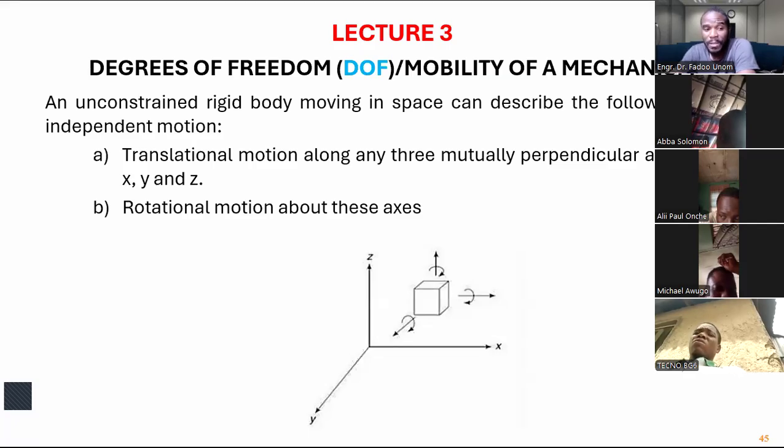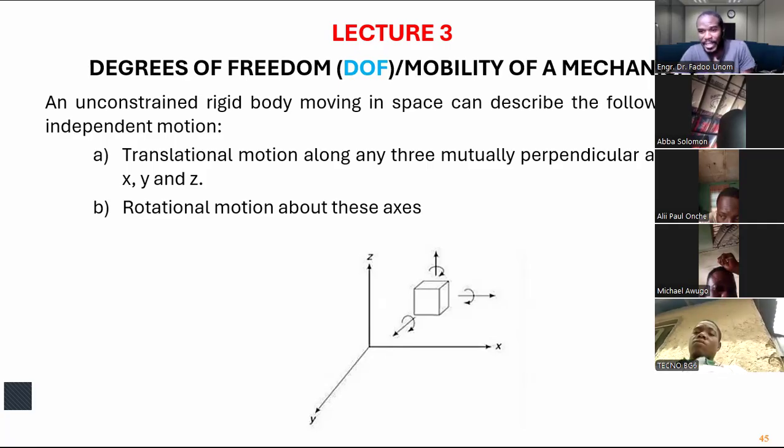Then an unconstrained motion of a rigid body will be described in relation to 1, translation along any of those axes, and 2, the rotation of that body about those axes. It doesn't matter the form and nature of movement of that rigid body.